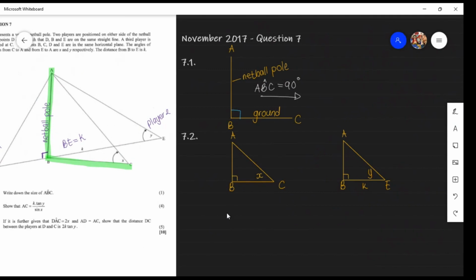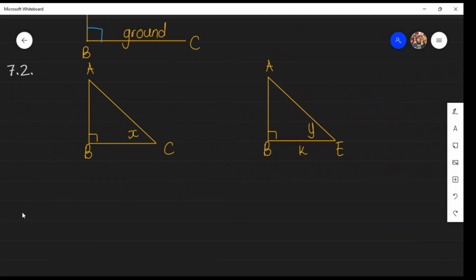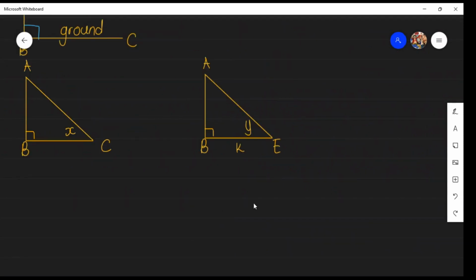Show that AC is equal to K tan Y over sine X. If you look at our question, it has K tan Y. So if we are using Y as our reference, let us use tan, because our numerator in the question has tan Y. So let us go and find tan Y.